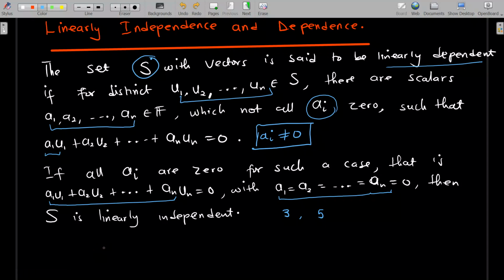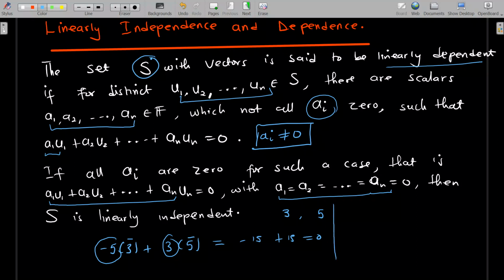If I write -5 in front of the 3 plus 3 in front of the 5, what would this be? This gives me -15 plus 15, which is 0. So I'm able to get some scalars which are not 0 and multiply them with 3 and 5 in such a way that when I sum them, I get 0.